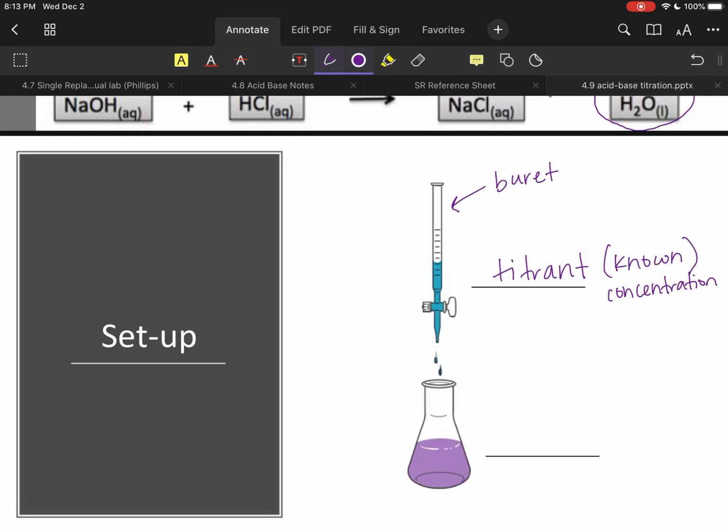In the bottom, we have our Erlenmeyer flask, and the solution that we have in that we call the analyte. This is our unknown, or our solution with an unknown concentration. So remember, the whole point of a titration is that we can determine what is the concentration of our analyte.